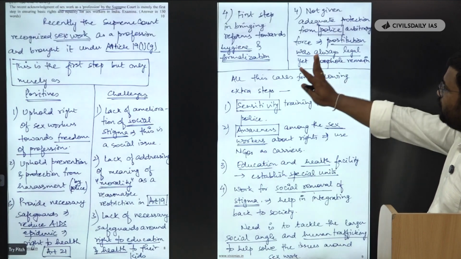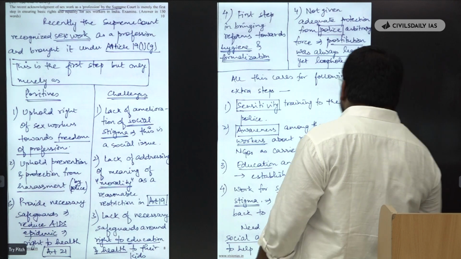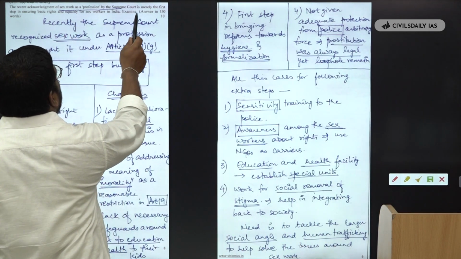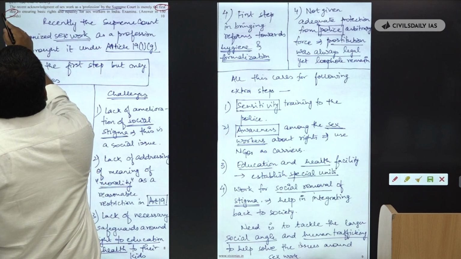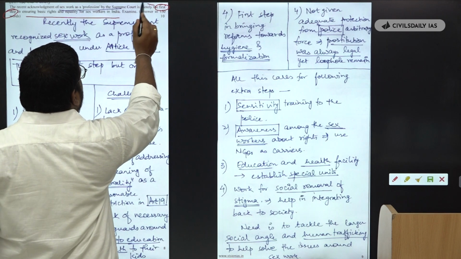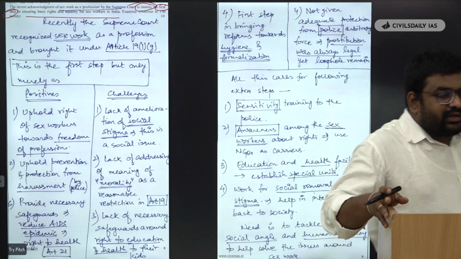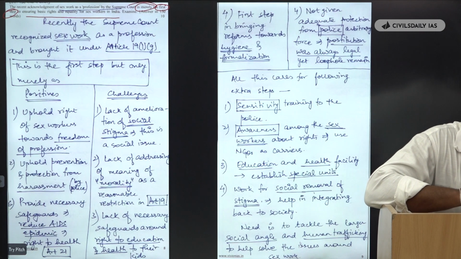Okay, if you see the answer, again see this is: the recent acknowledgement of sex work as a profession by Supreme Court is first step in ensuring basic rights and equality for sex workers in India, but merely a first step. If you see, is this question unidirectional or bidirectional?